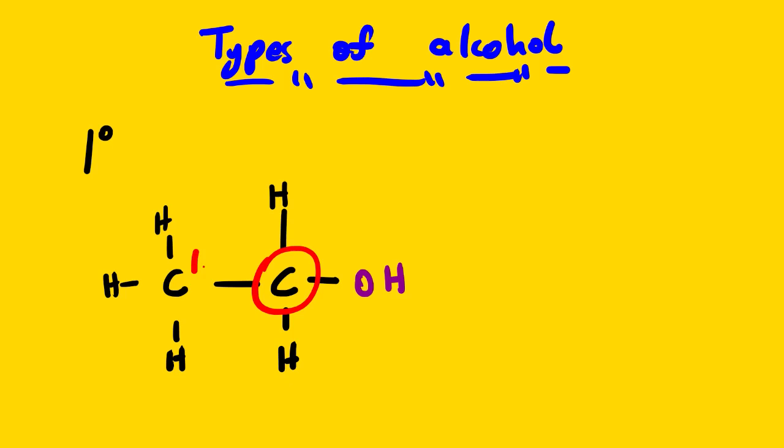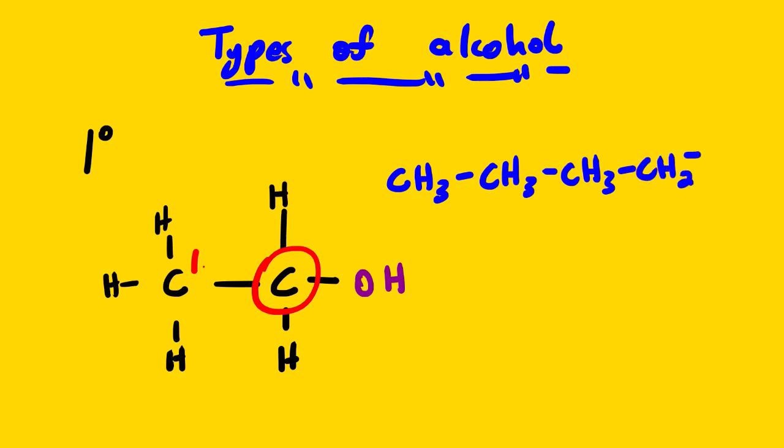Therefore, this is a primary alcohol. We might have a very long chain, but we look at the carbonyl carbon. In this case it is this one, and it is bonded to only one other carbon, therefore it belongs to the primary alcohol. If you remember the alkyl halides, it will be very simple for you to understand this.